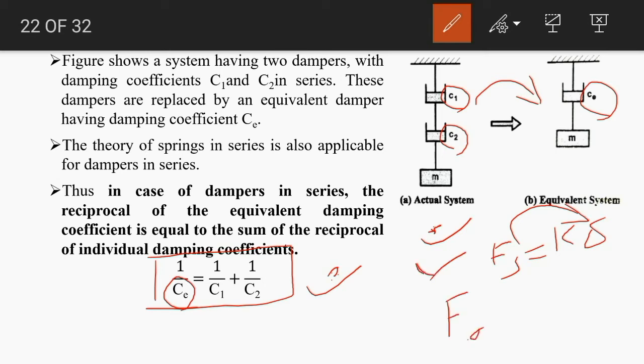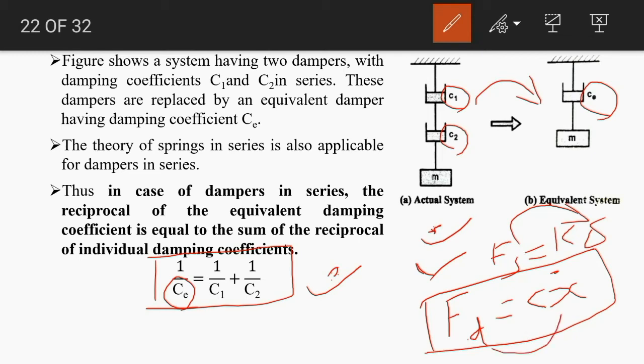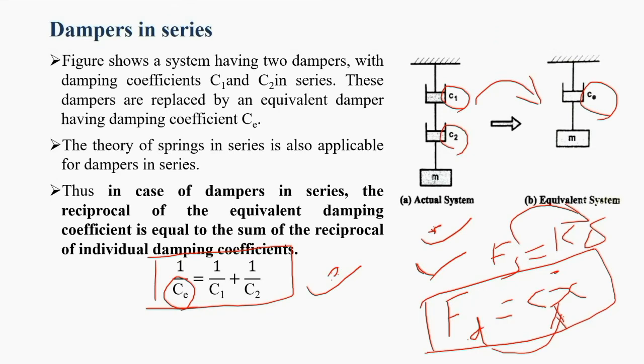Same way, the damping force Fd is equal to C into x dot. Here we can also see the linear behavior: damping force, or damping resistance, is directly proportional to the velocity. So we can apply the same theory and get the similar relation.